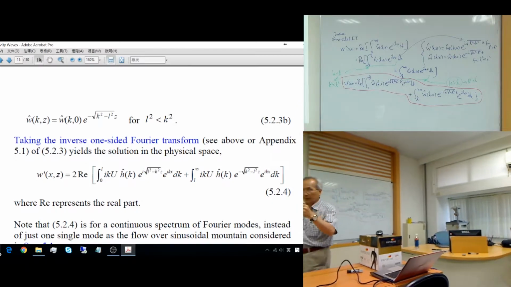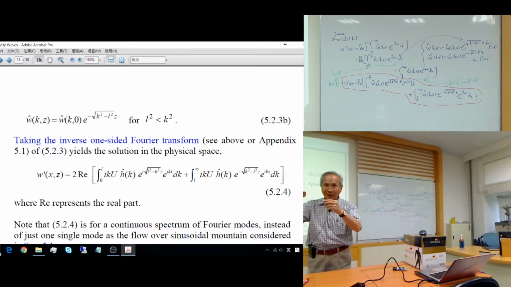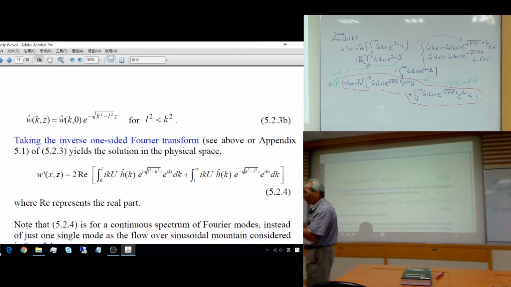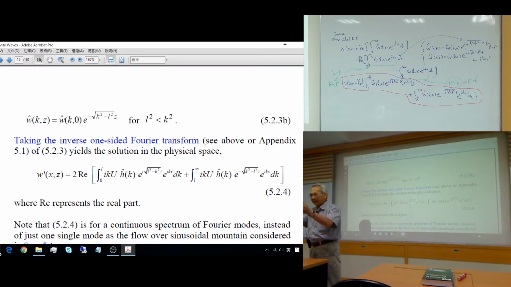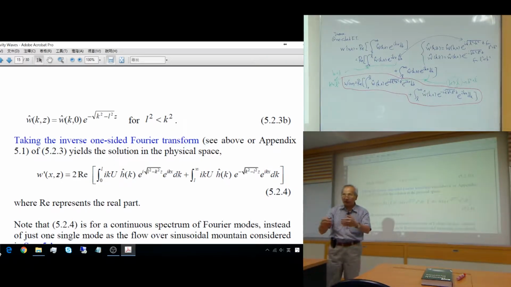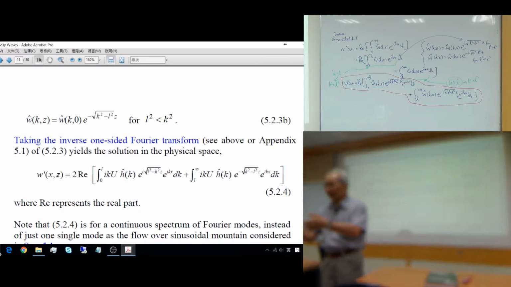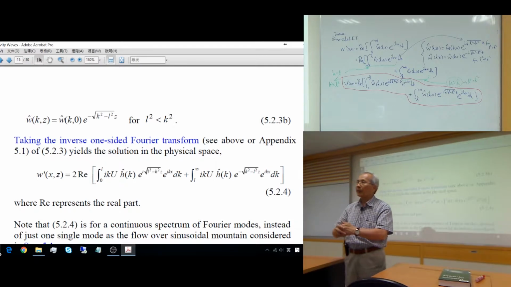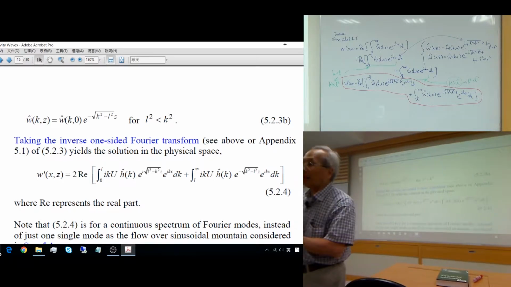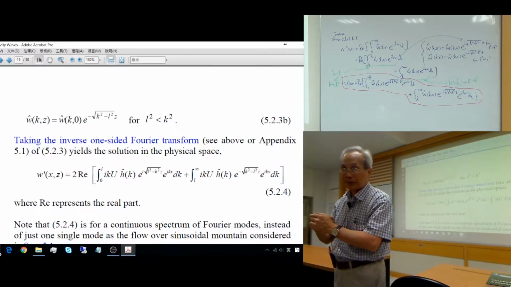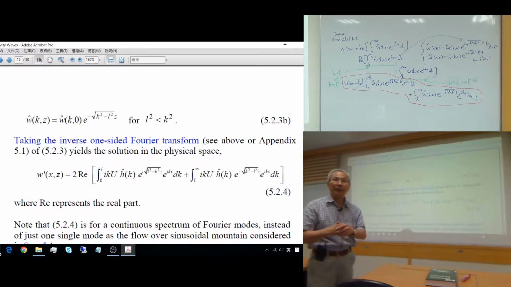And the other case is when k is almost equal to L. Then we can solve these three cases analytically. Otherwise, it will be difficult to do the inverse Fourier transform. Very difficult. But this test is easier because you have the numerical model. You can just do it by numerical models. Also, you can do it semi-analytically by using the fast Fourier transform. You can do that too. Okay, that's almost like theoretical results.